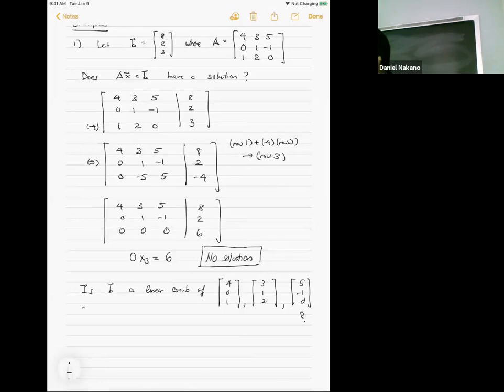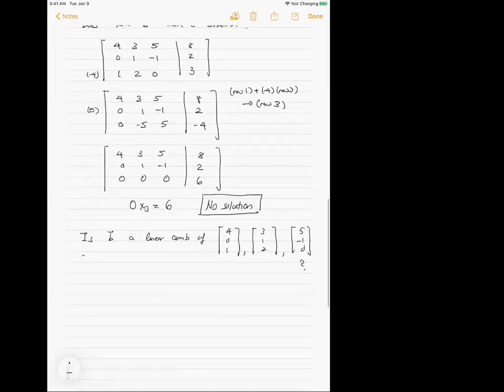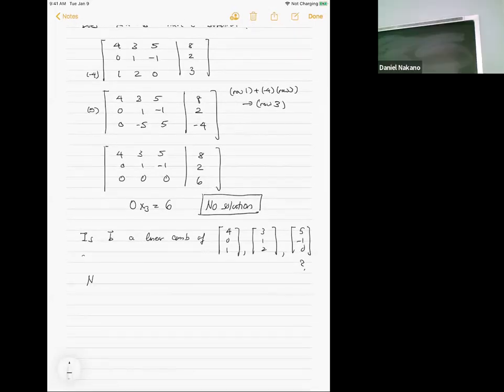So is b a linear combination of these vectors? No. Okay. And so the answer is no, because Ax equals b does not have a solution.